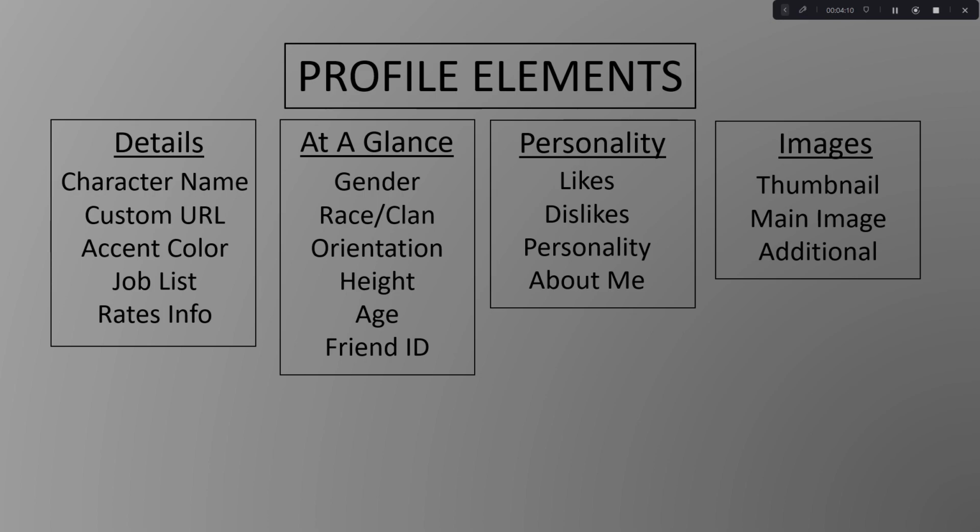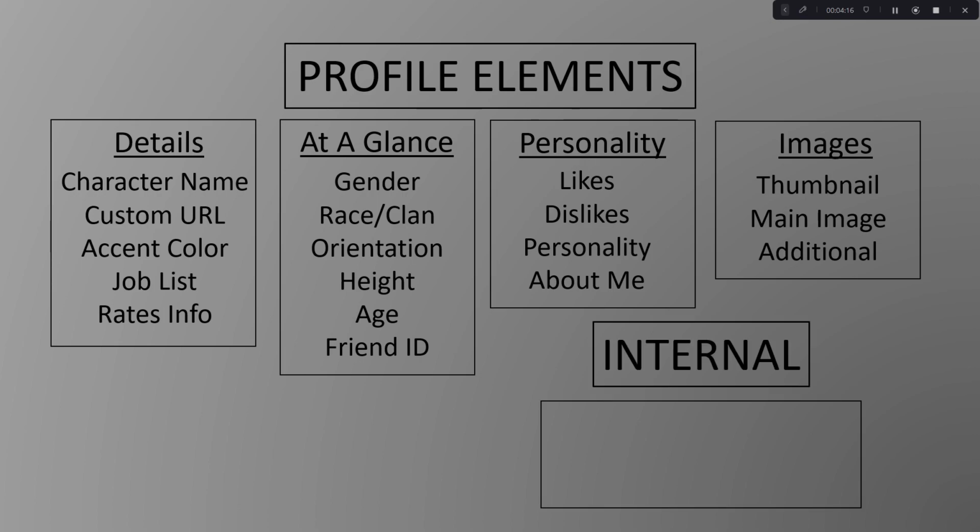The other thing that I want to talk about is the internal information that we're going to be giving the profile. This is going to help us identify the profile amongst all the rest of them in the bot. There's 3 bits of information that I found to be very important. We're going to have a unique profile ID, which we will create using the UUID module in Python.